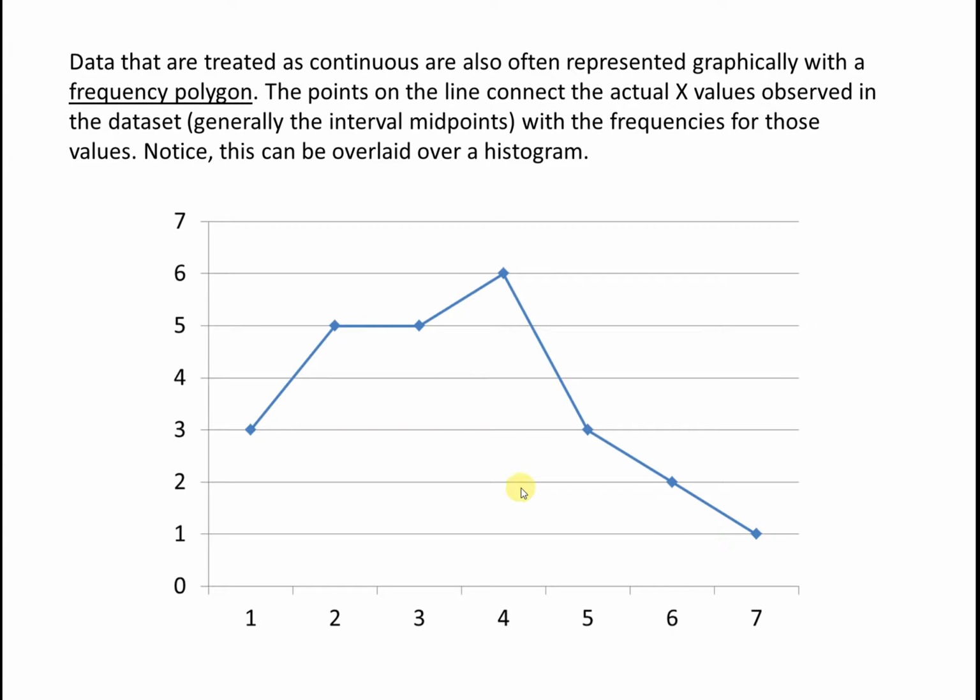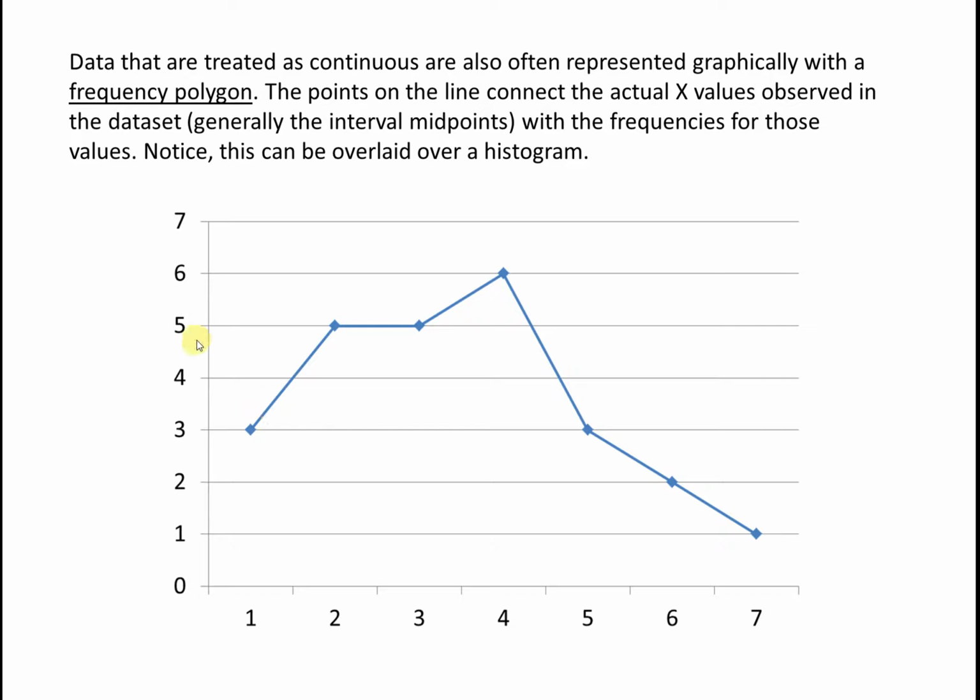Data that are treated as continuous are often represented too using frequency polygons. You can see in this illustration that the points on the line represent the intersection between the midpoints for each of our intervals and the frequency counts, which are listed along the y-axis.